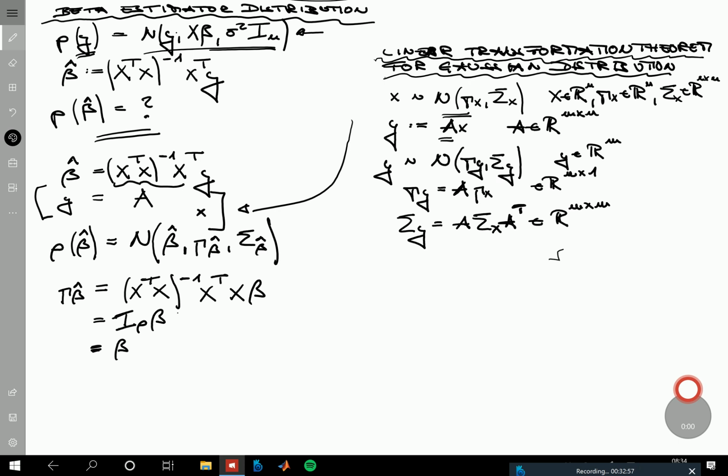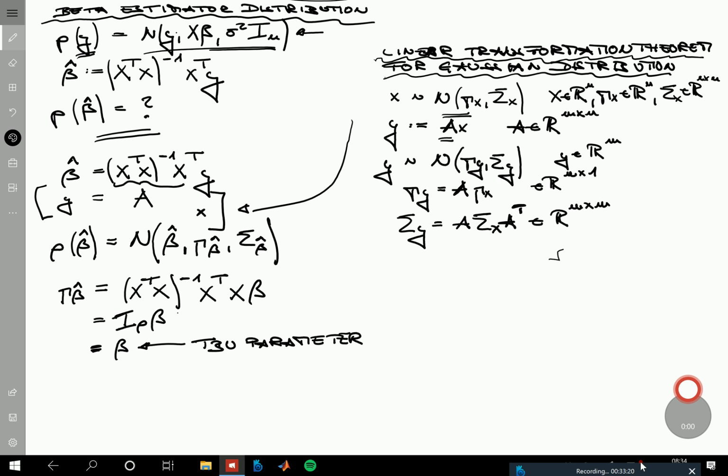So what does that mean? Well, beta is our true but unknown parameter value. And that means that the distribution of our beta parameter estimates has as expectation the true but unknown parameter value. Yeah?